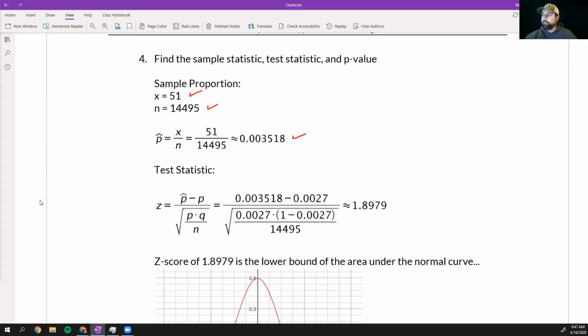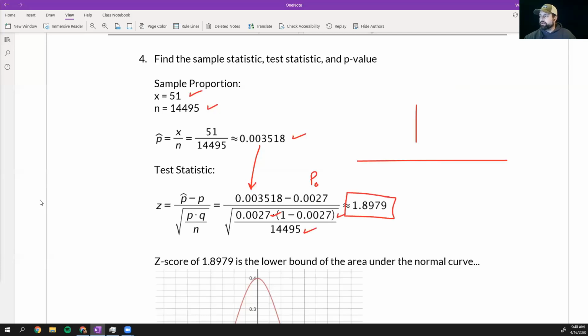And now we take that proportion and we put it in to find a z-score. So this is p hat. This is p0. This is the population proportion. And then we put in p here and q here and n here. And this is the number that we get.